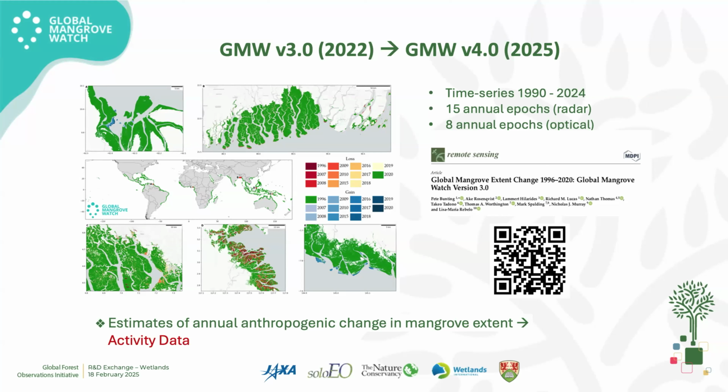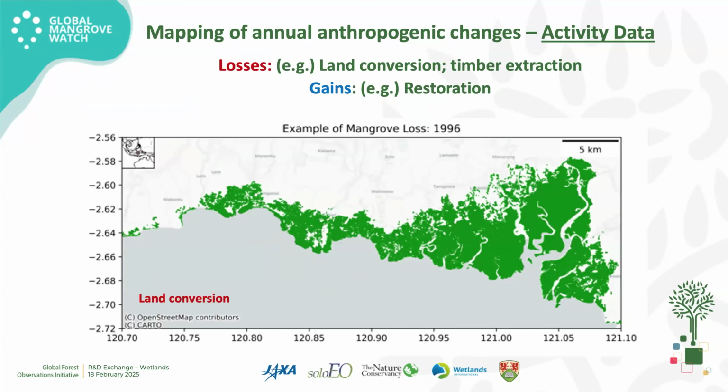The thing with the extent map and the changes that we can detect is that it is basically activity data, you could say. So basically mapping of the anthropogenic changes, that's activity data.